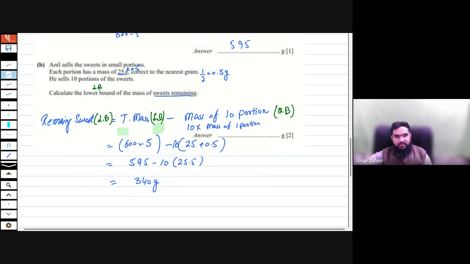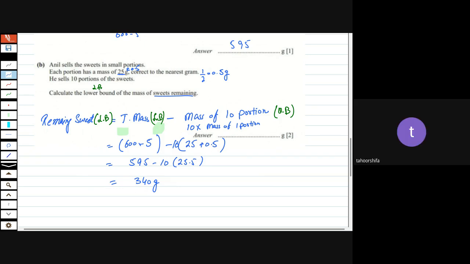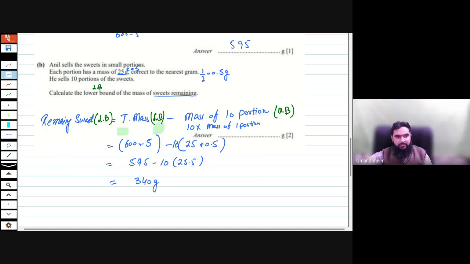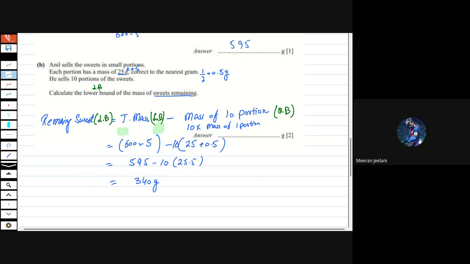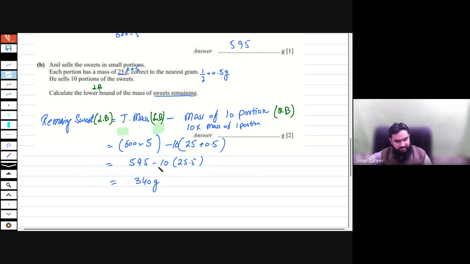Sir, after we subtract 10 from 595, then what do we have to do? We have to multiply by 10 and subtract it from 595.